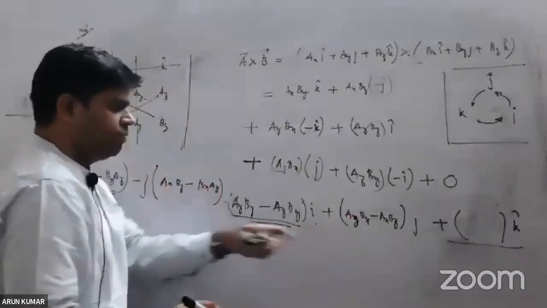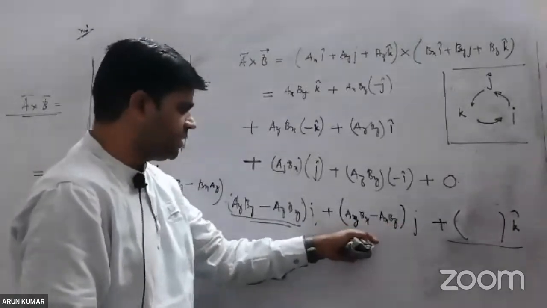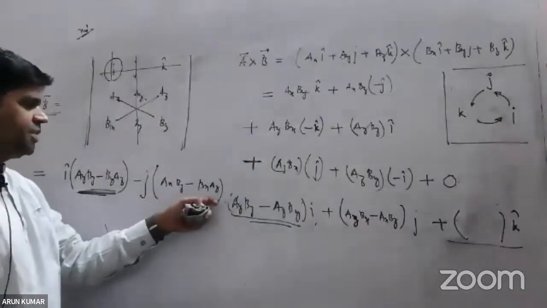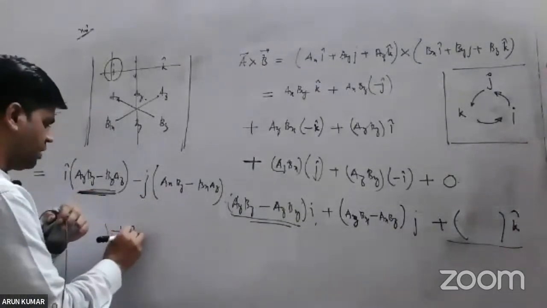If I take minus common, I'll get ax bz minus bx az. That's what I'm getting. Plus k. Now for k, this row and column become bound.